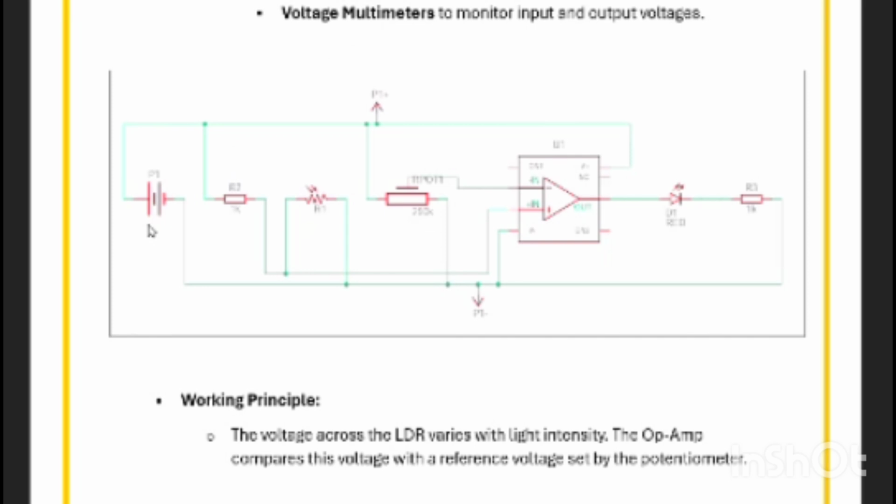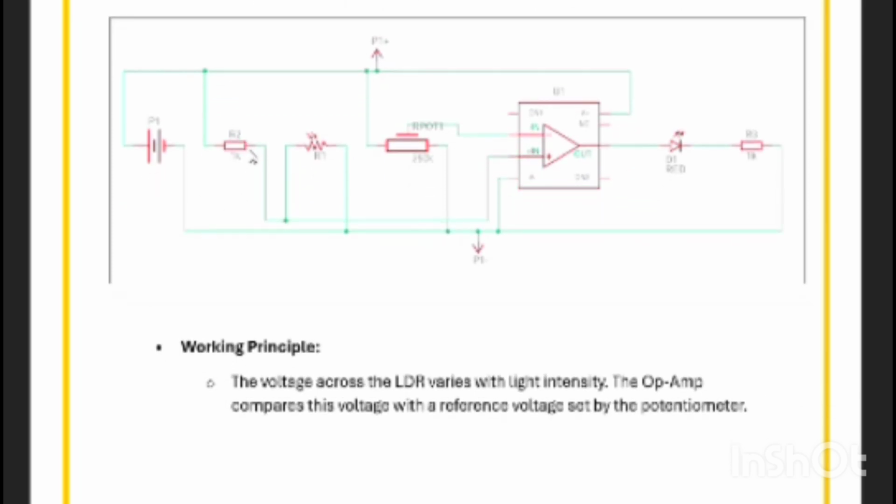Here you can see there is a power supply, then there is a resistor, then this is the LDR, that is light dependent resistor. You can see that light is emitting on this resistor, and because of which the functioning can happen.